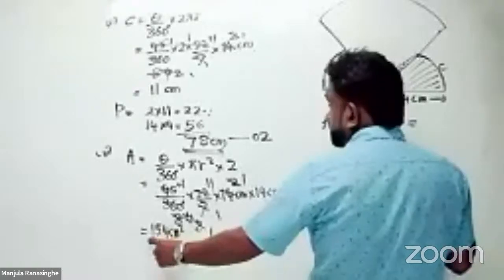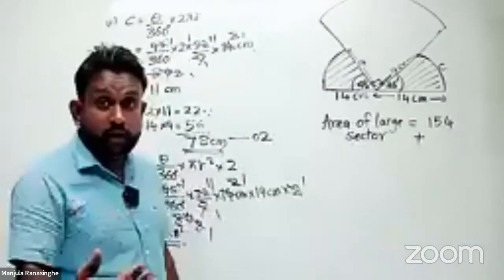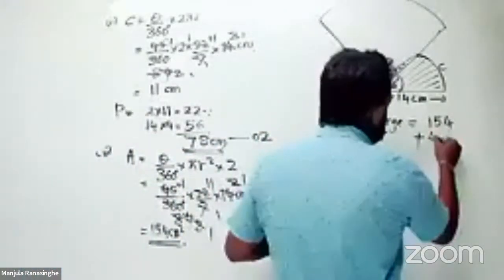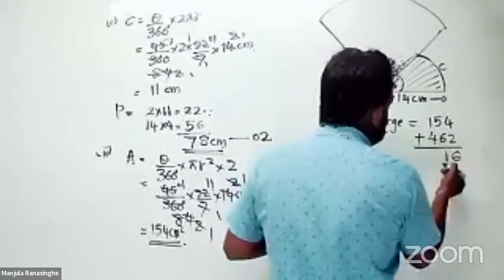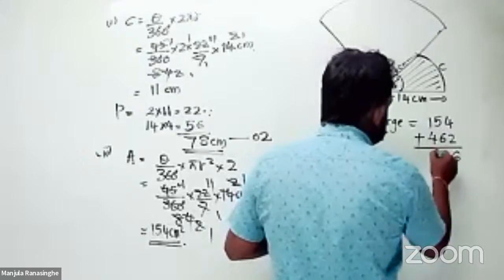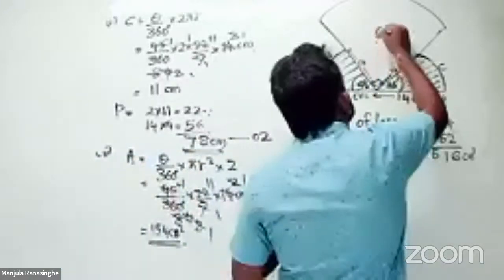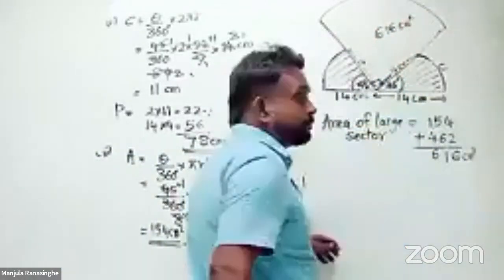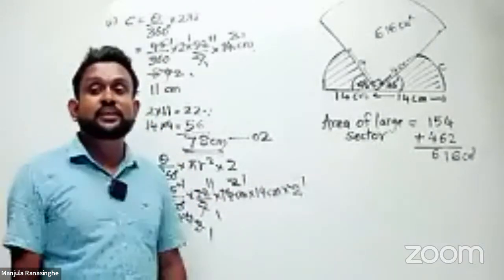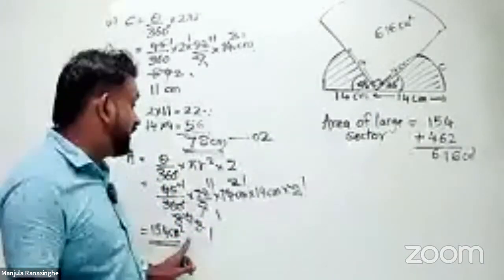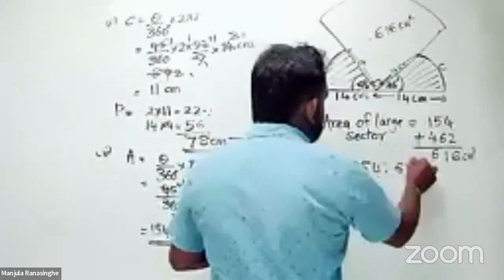The sum of the areas of the two sectors is 154, and it is 462 square centimeters more than that, so you add 462 to that. That gives 616 square centimeters, the area of the large sector. Then the ratio of the area of the shaded parts to the large sector is 154 to 616.